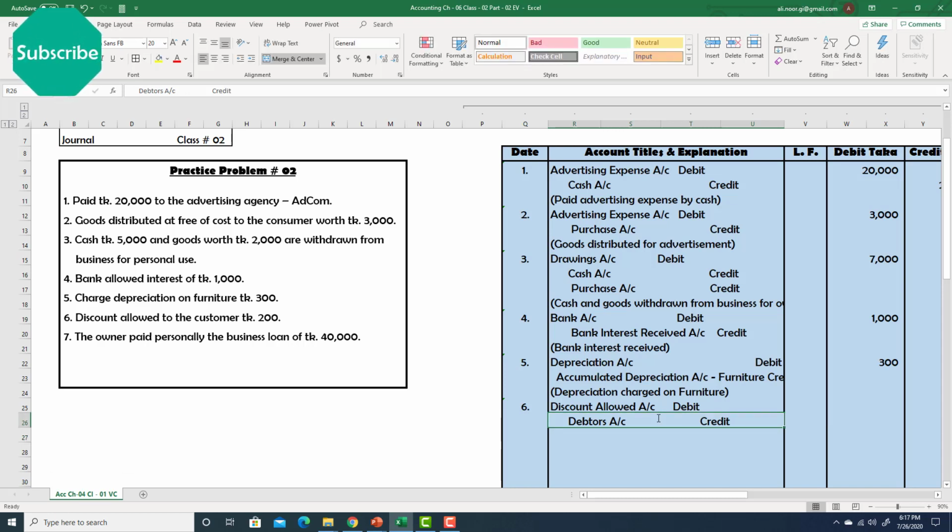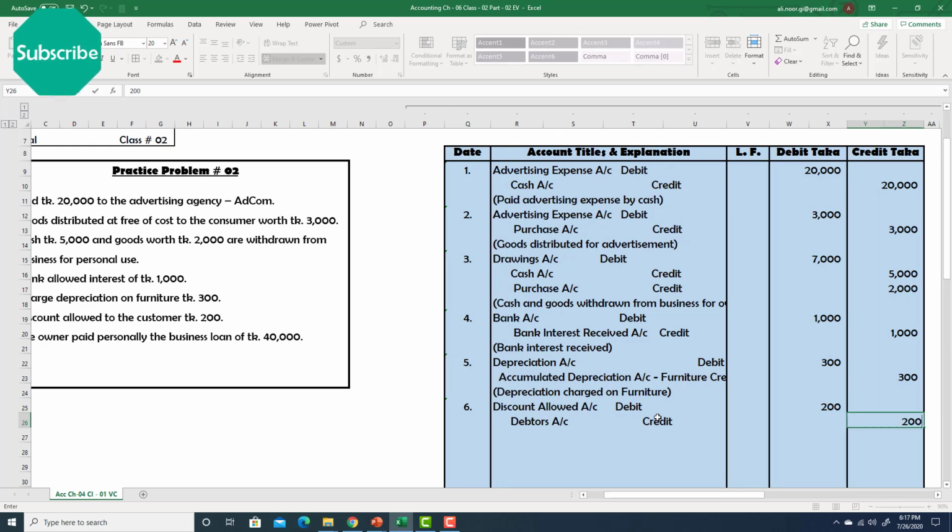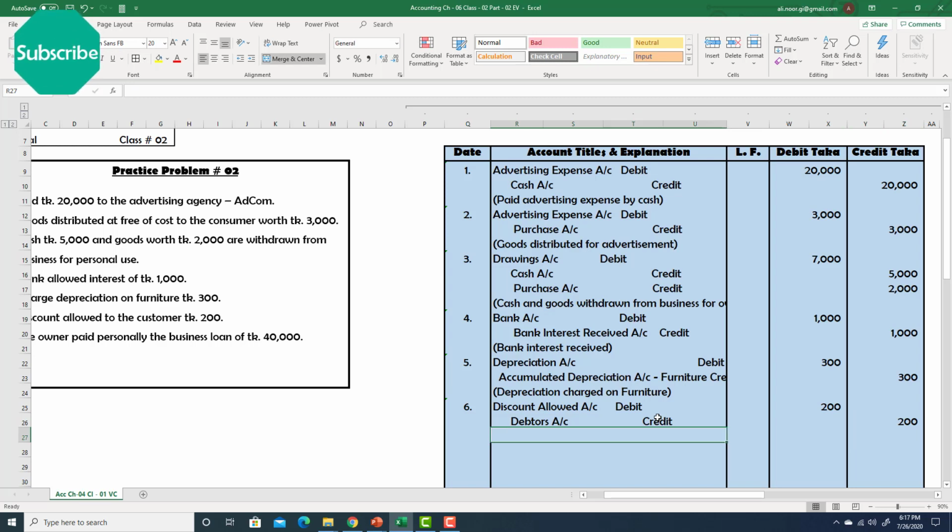Okay, right. So right here 200 debit and 200 credit. Discount allowed to debtors, done.